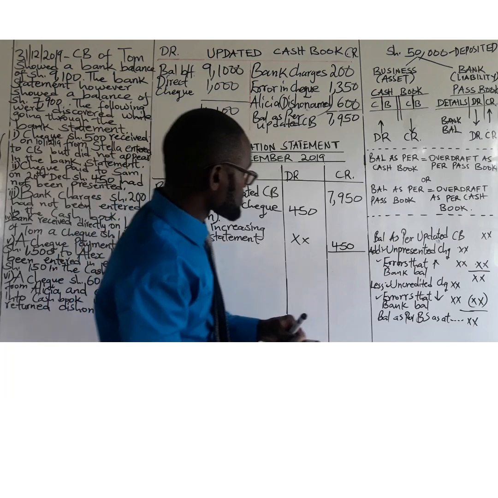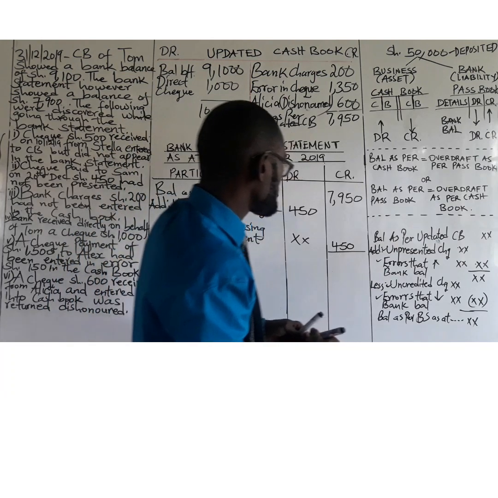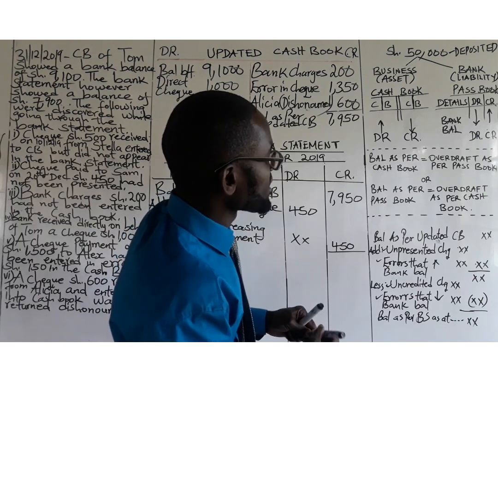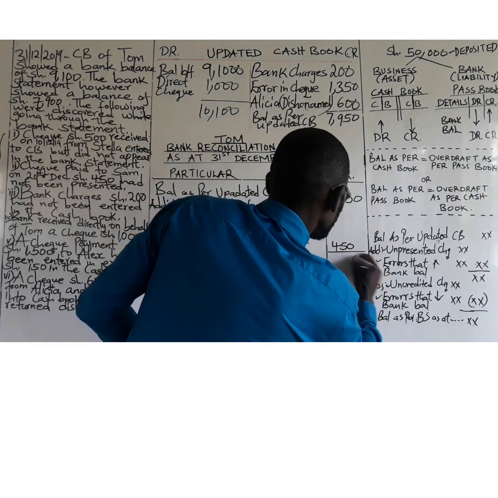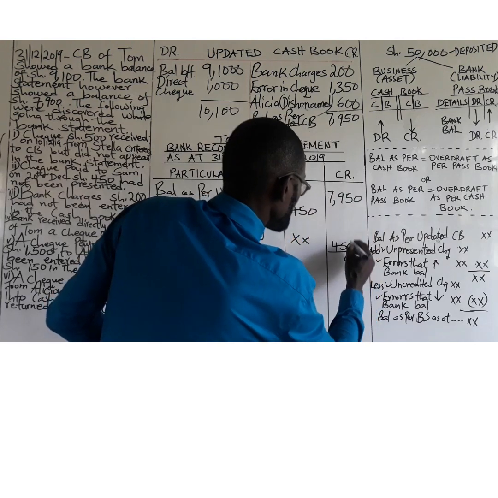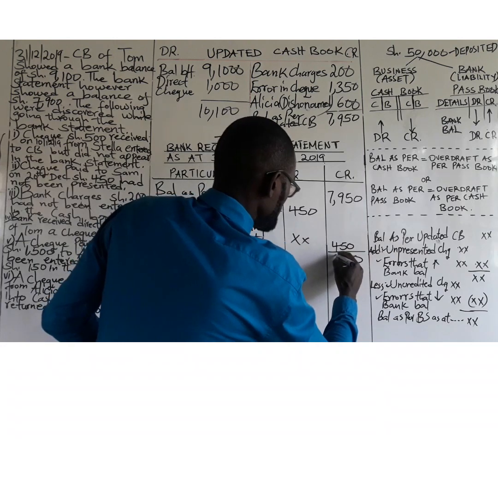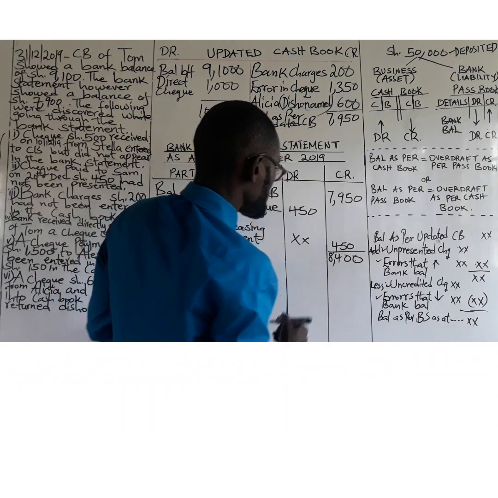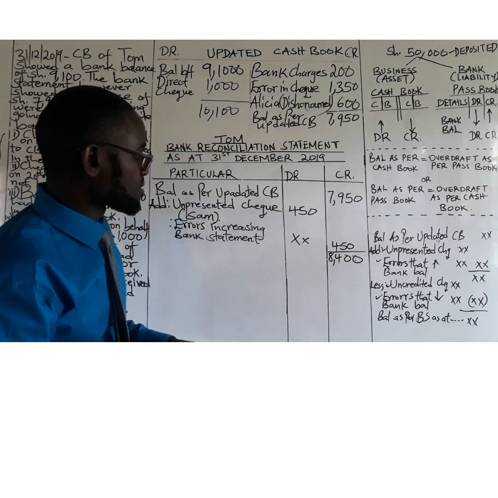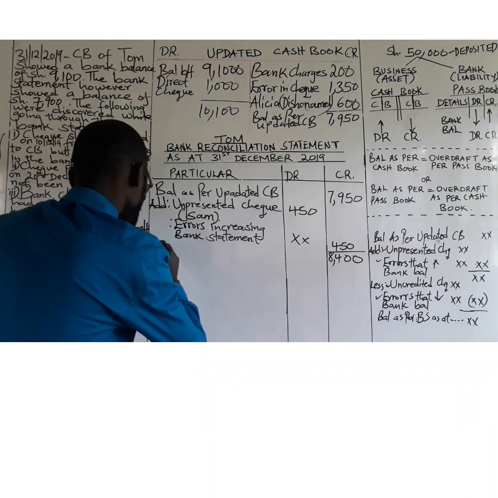When you add the two, this is 0, 0, that is 4 and 8, 8,000. That is 8,400.